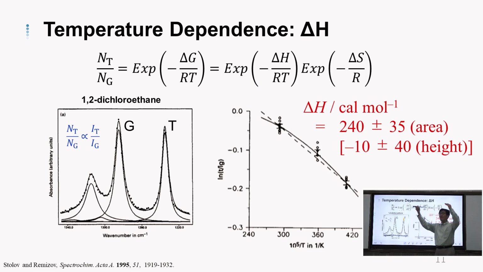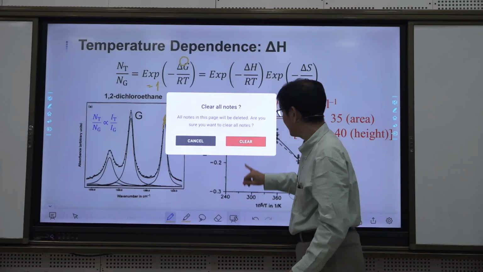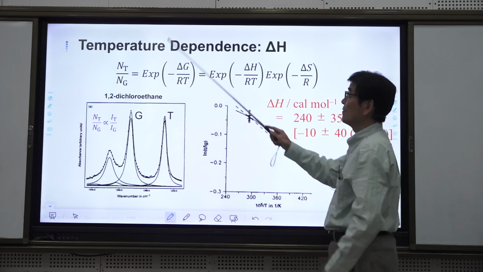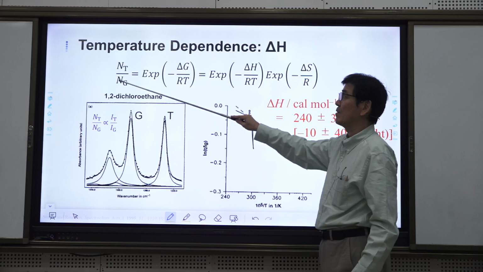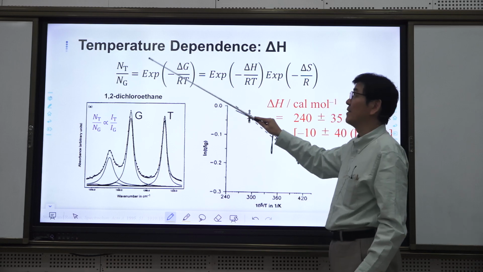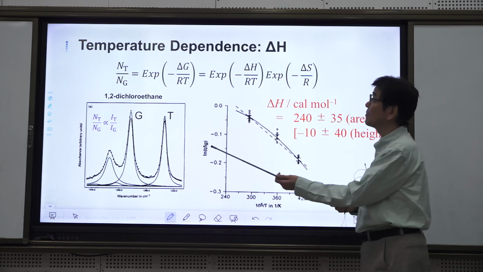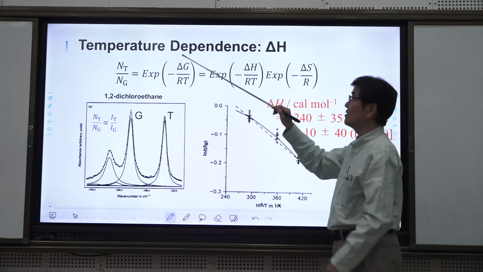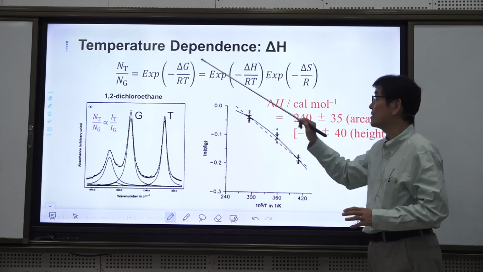So if the energy is equal, the population ratio is equal. Nt is the number of molecules in the trans form, Ng is the number of molecules in the gauche form, and the ratio is given by exponential minus delta G over RT. And you know delta G is replaced with delta H minus T delta S.